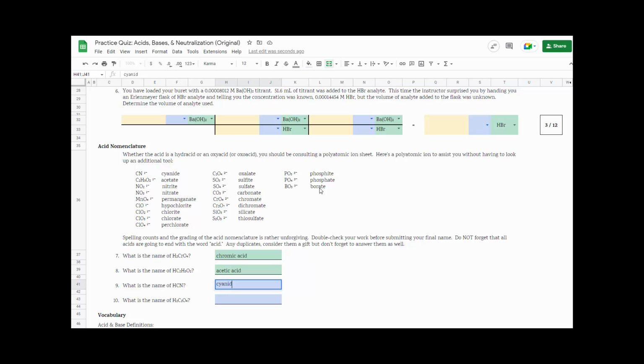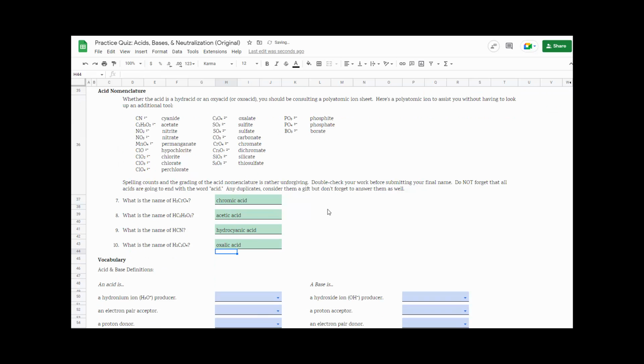This was cyanide. Now, cyanide, when it's with hydrogen like this, is going to be a hydro acid. So those get that hydro prefix, and then the ending, usually the -ide, just becomes -ic acid. The last one, we've got oxalate. The -ates become -ic, and we add acid.